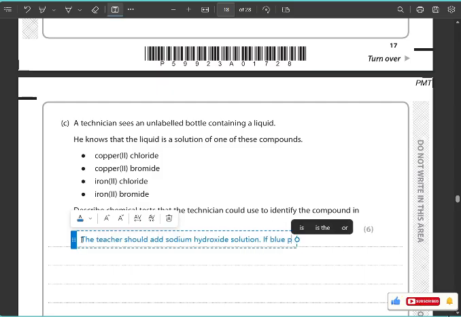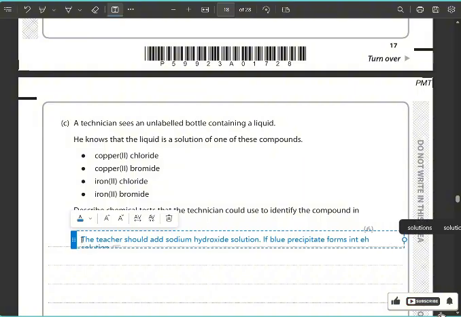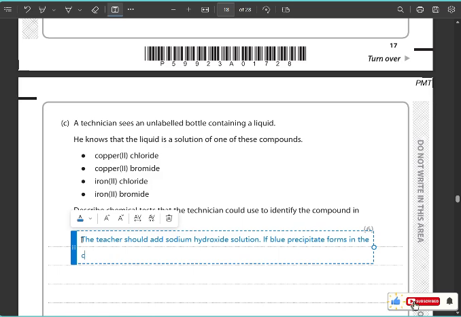If a blue precipitate forms in the solution, it means it contains copper ions.